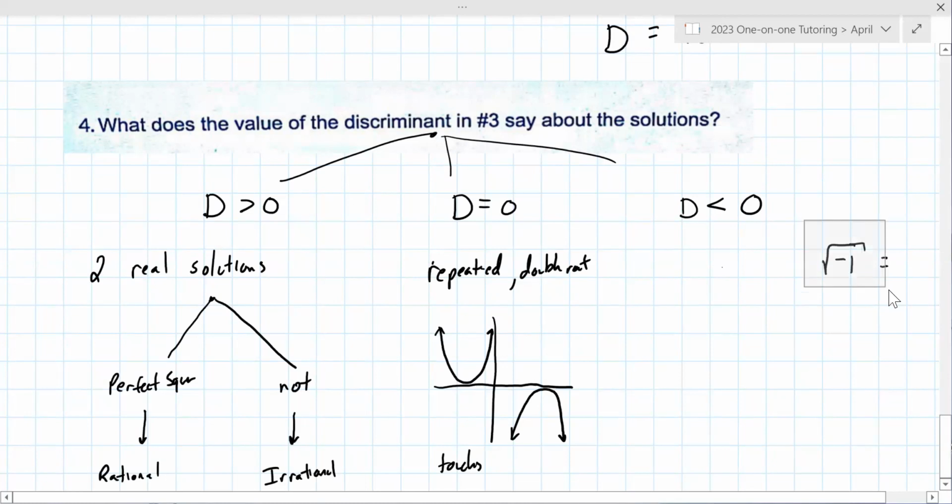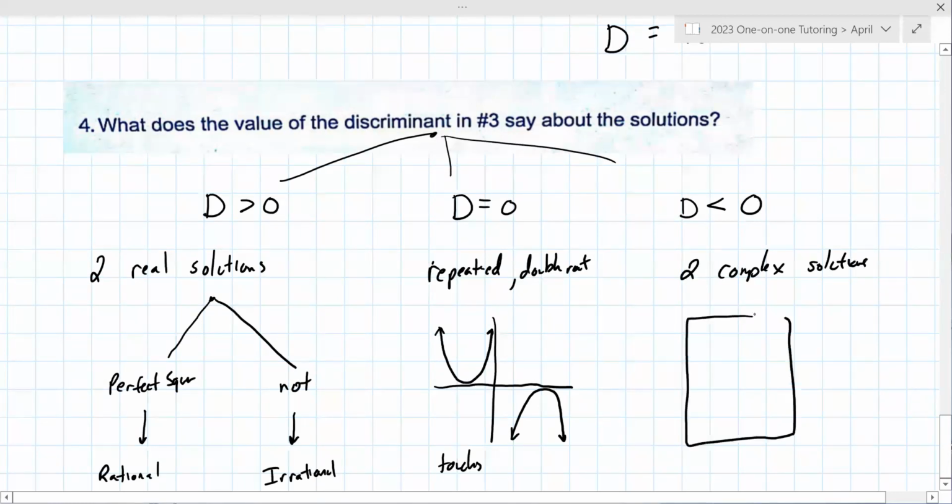Okay, so this might be slightly out of scope for what you're doing right now, but I'll just throw this in. You get 2 complex solutions, and complex refers to the domain. There's the real domain, which is what we're used to, and then the complex domain is right next to it, but they don't overlap at all.